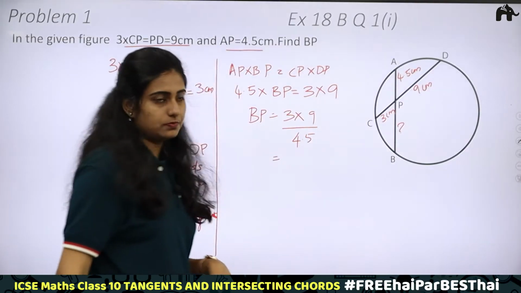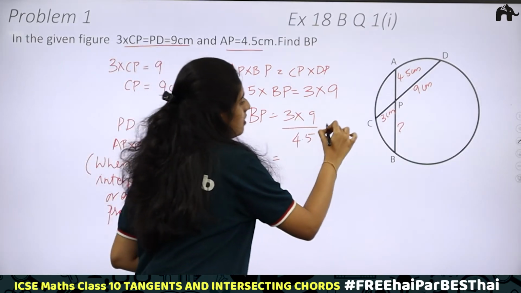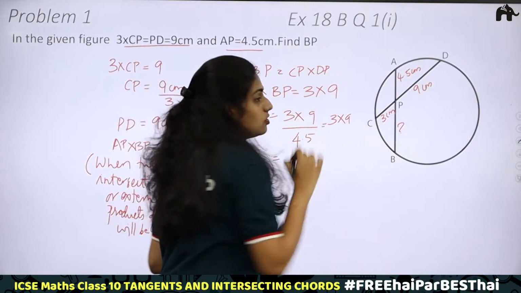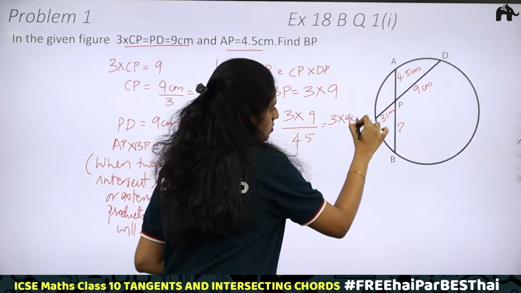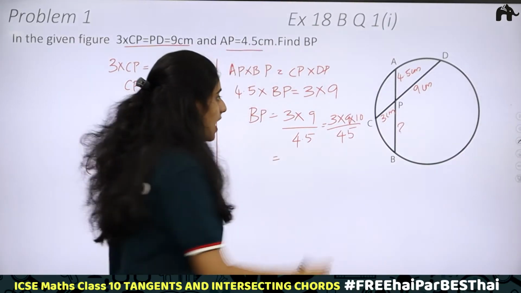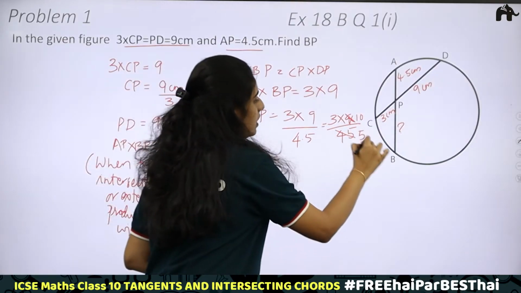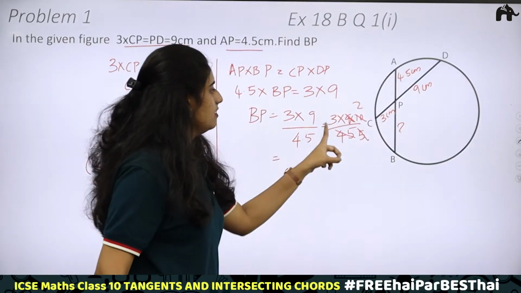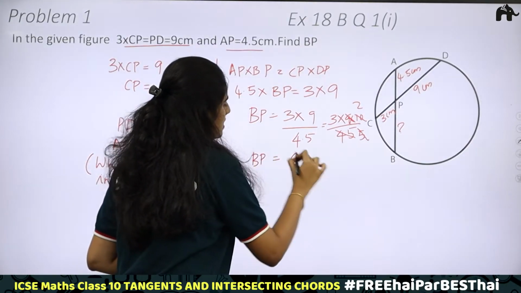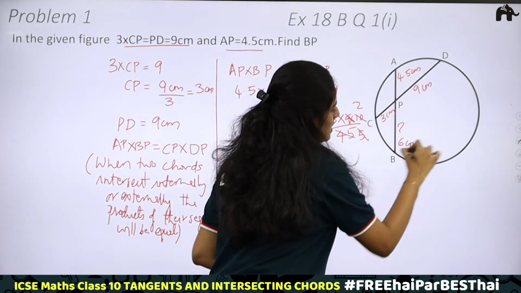Here 4.5 into 2 is 9, or you can multiply the numerator and denominator with 10 in order to remove the decimal. Into 10 divided by 4.5 into 10 is 45. 9 5s are 45. 5 into 2 is 10. Then we have 3 into 2 and that is equal to 6. Therefore, BP is equal to 6 centimeter. The required length BP is 6 centimeter.